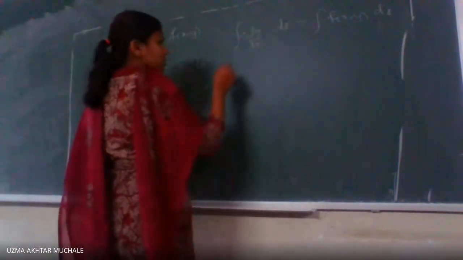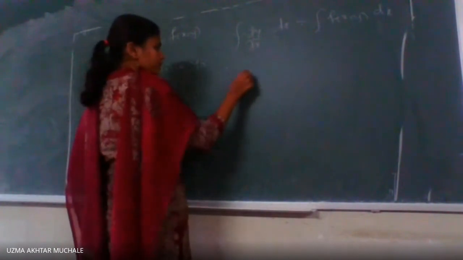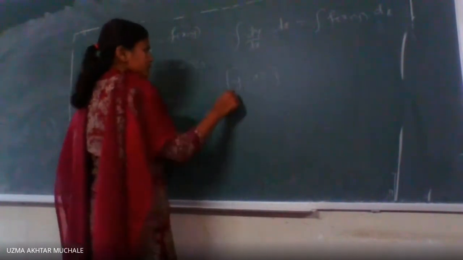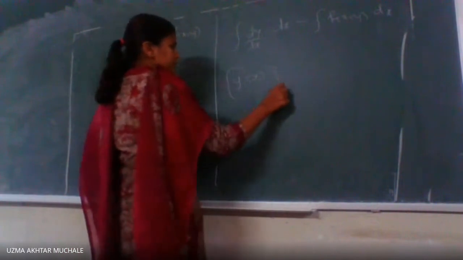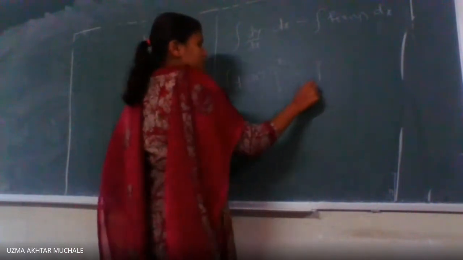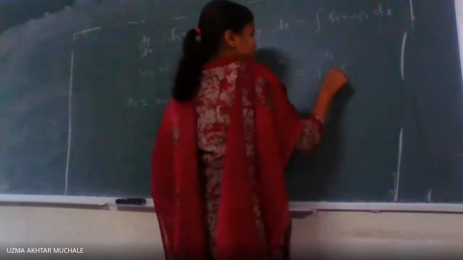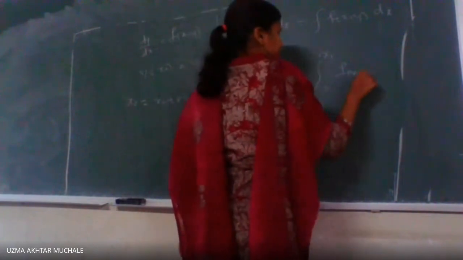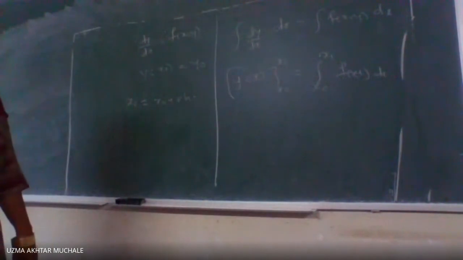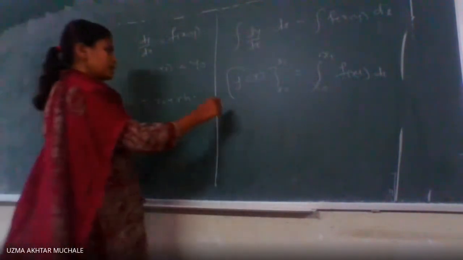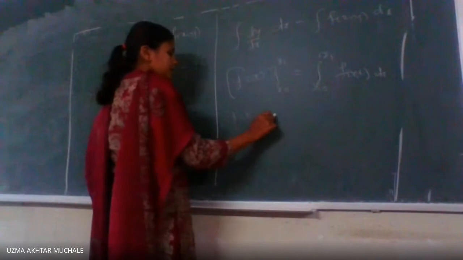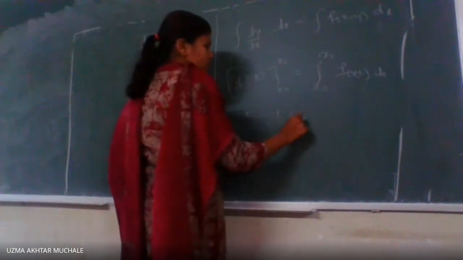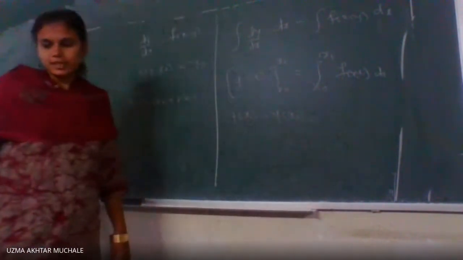What will be the value of this? The integration of the derivative with respect to the same variable is simply y of x within the limit x naught to x1, and on the right also within the limit x naught to x1, f of x, y dx. Hence this will be nothing but y of x1 minus y of x naught is equal to the same term as it is.